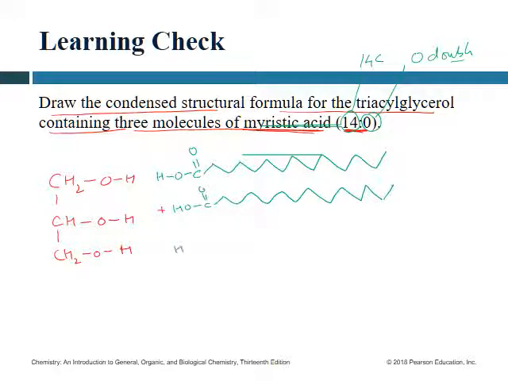Then you can have one more fatty acid. So you have this fatty acid with 14 carbons with no double bond, and then at the end you have the carboxylic acid. Now what's going to happen if they react together?